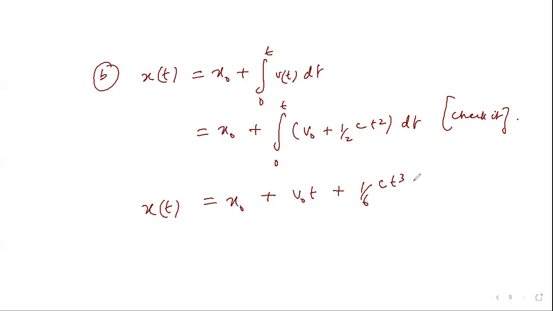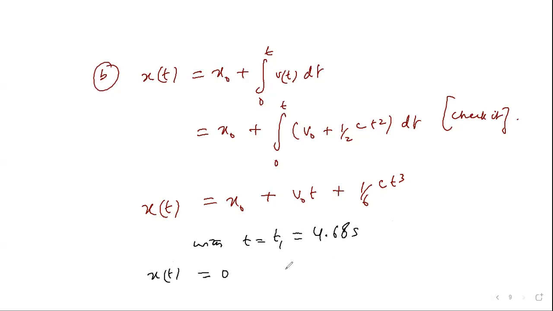Now with t equal to t1, which is 4.68 seconds, the time to stop the car, distance traveled is given by x of t, setting x0 to 0.